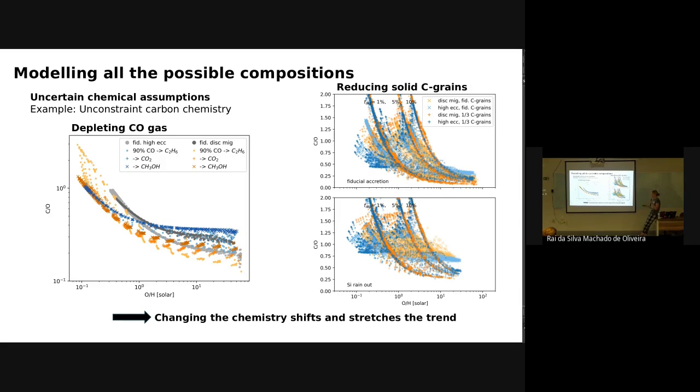The gray ones are the models we had before, but it basically shifts the C/O a little bit up or down, and especially if we take out the CO gas very early on into an ice, then we can reach much higher C/O ratios, because suddenly the only gas that the planet accretes is methane instead of CO, because the CO is instead bound in ices, and the methane only contributes carbon to the planets. And then suddenly we have very high carbon to oxygen ratios as well.